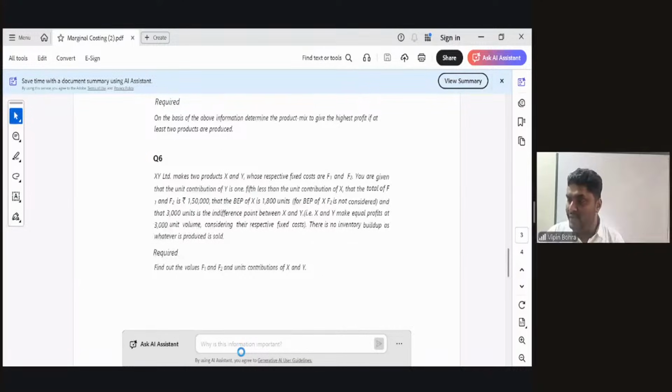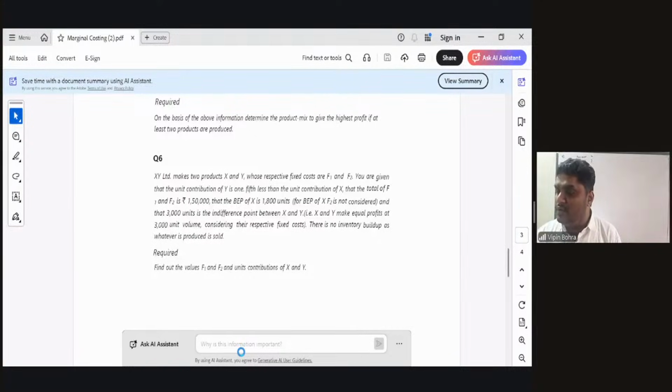So take the screenshot of question number 6, wherein XY Limited makes two products, X and Y, whose respective fixed costs are F1 and F2. So there are two products, product X and product Y. I'm just writing the extracts of the question.